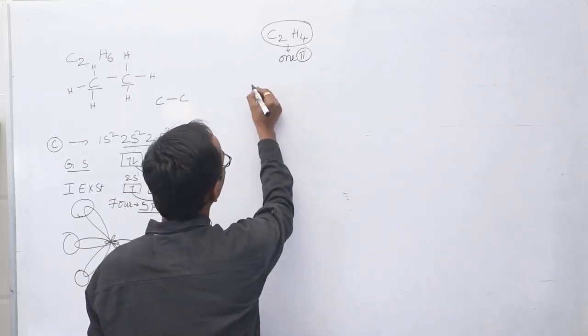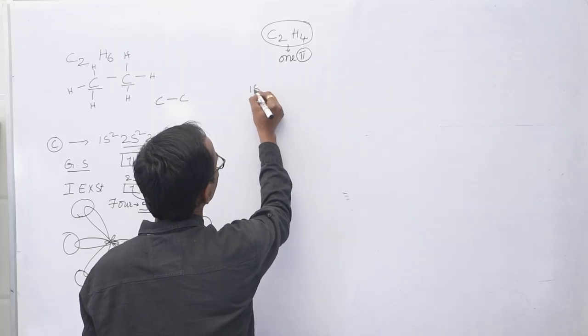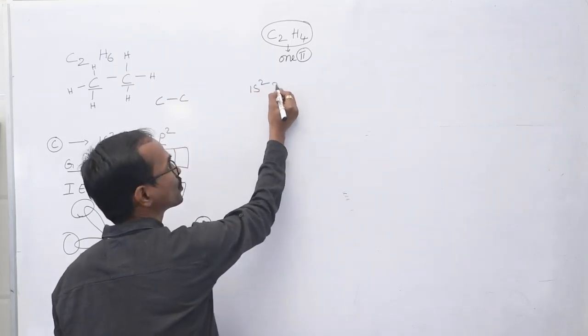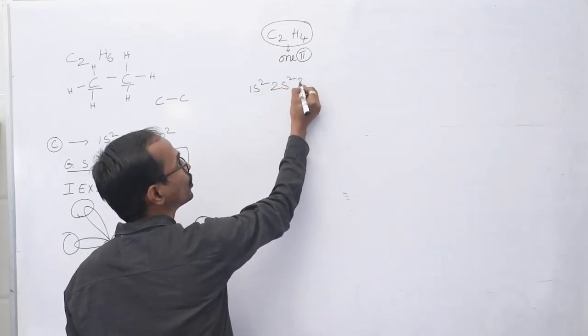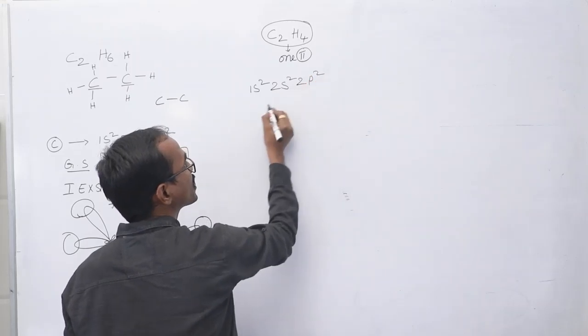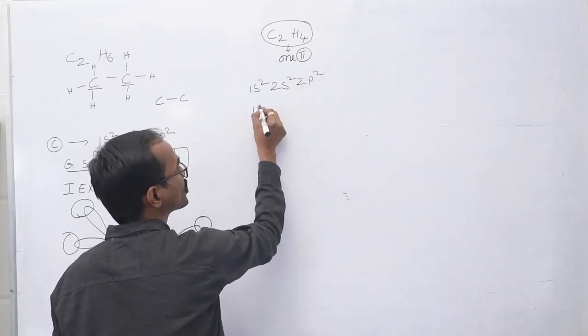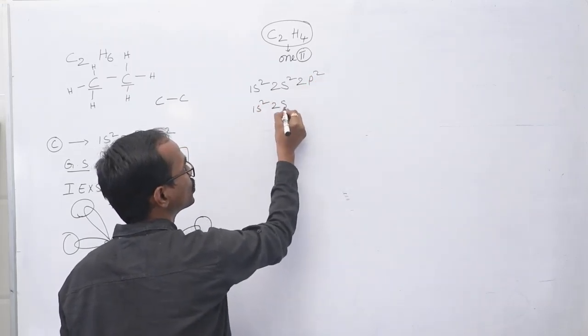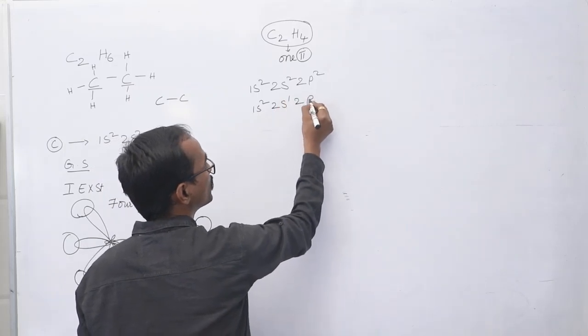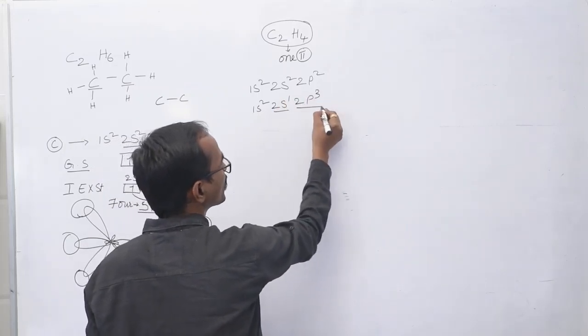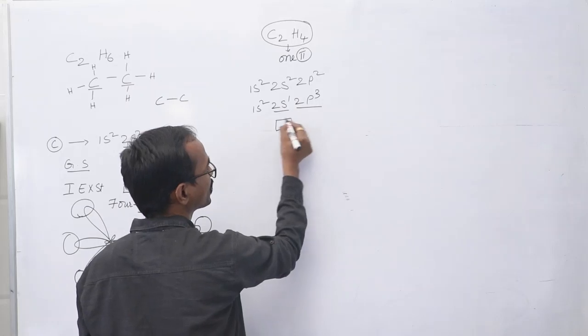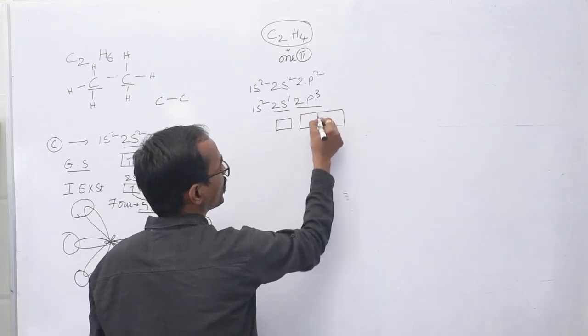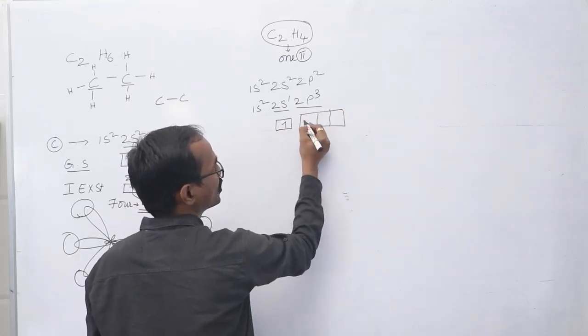Now, the ground state electronic configuration of the carbon atom is 1s2, 2s2, 2p2. The first excited state electronic configuration will become 1s2, 2s1, 2p3. If I represent this valency shell in the orbital diagram method, it will be like this, right?